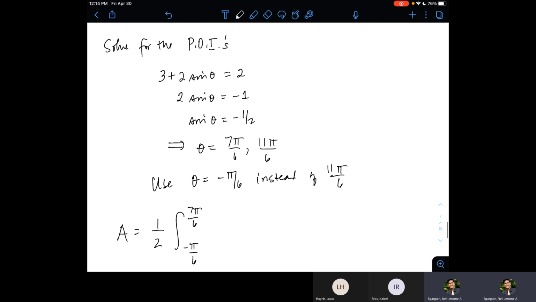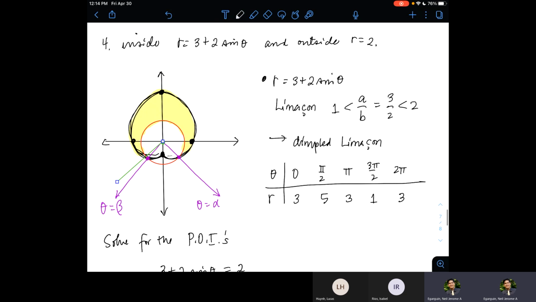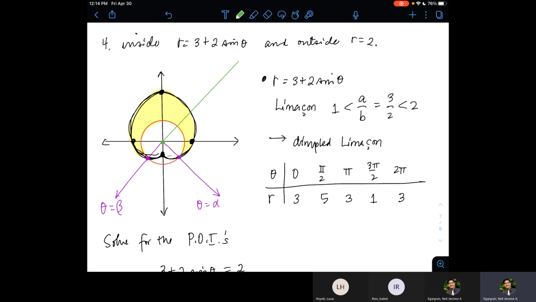Now, what would be the integrand? Well, if you go back at the region, you imagine this green ray. Imagine this to be traveling like the hand of a clock, but in the counterclockwise direction. So it will start at negative pi over 6. It will travel counterclockwise. And all throughout its journey, you see that the outer radius is always the black curve, and the inner radius is always the red curve, right?